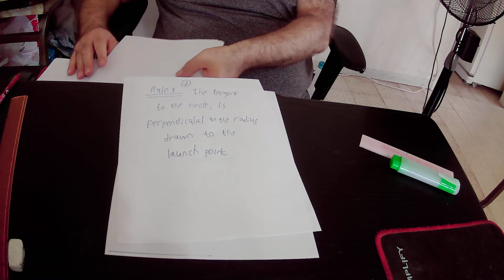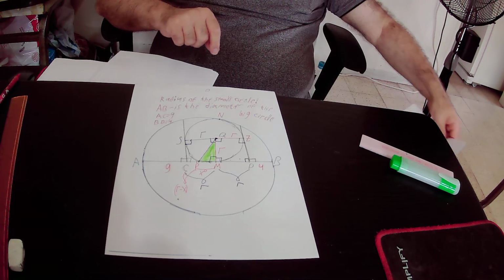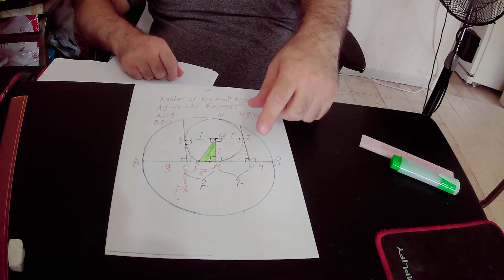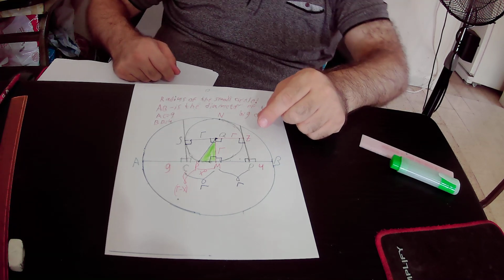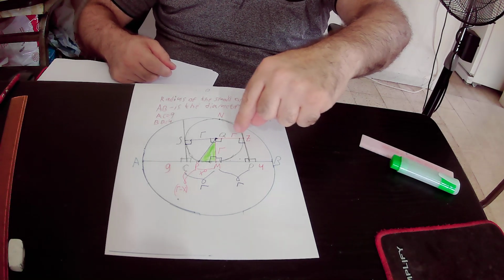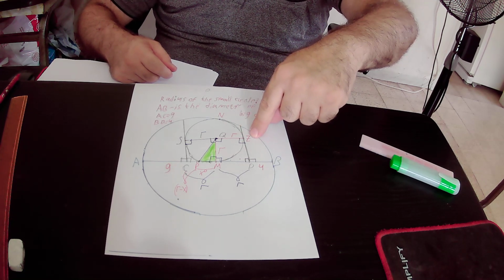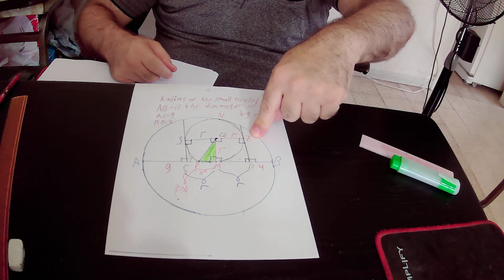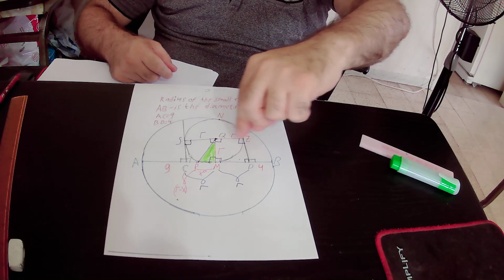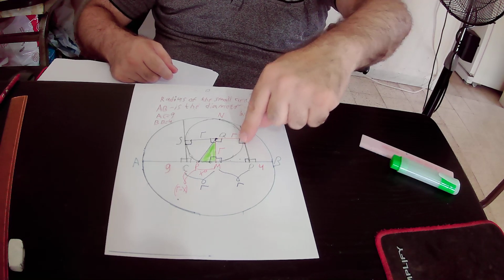So according to rule number 1, this tangent is perpendicular to this radius, because this radius is drawn to the touch point, that is point Z. Therefore, this tangent is perpendicular to this radius. That is to say, this is a right angle, it equals 90 degrees.